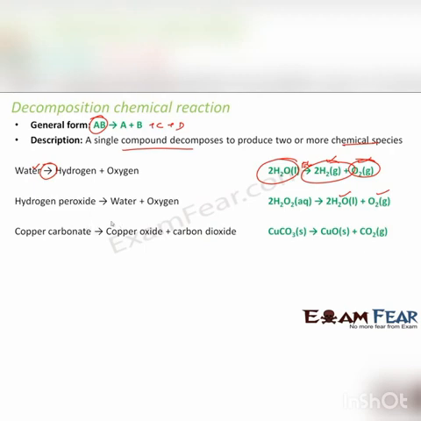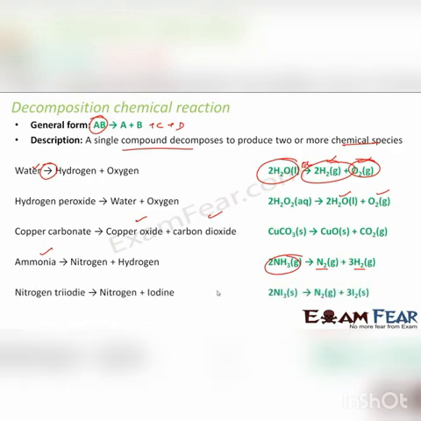We have copper carbonate, you heat this, it becomes copper oxide and carbon dioxide. You have ammonia, you can convert this to nitrogen and hydrogen. So one compound into two small compounds. You have nitrogen triiodide, you can convert it into nitrogen and iodine.